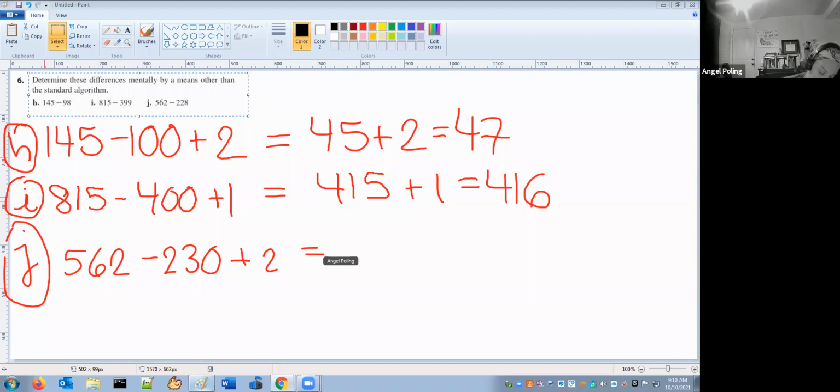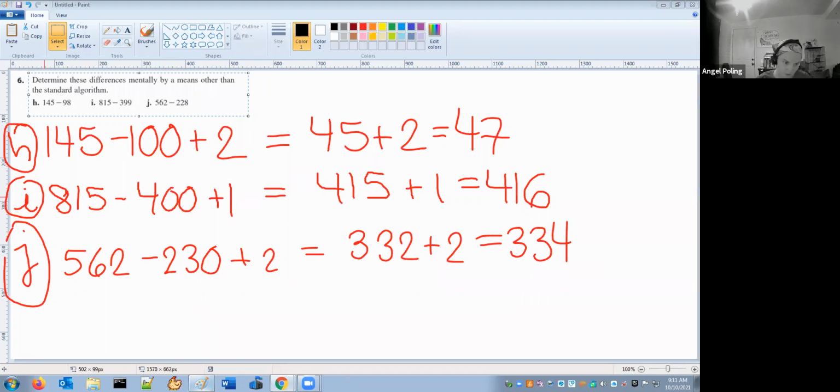So take 230 from 562, and we're left with 332. And then we're going to add 2 for resulting 334. Sorry, 334.